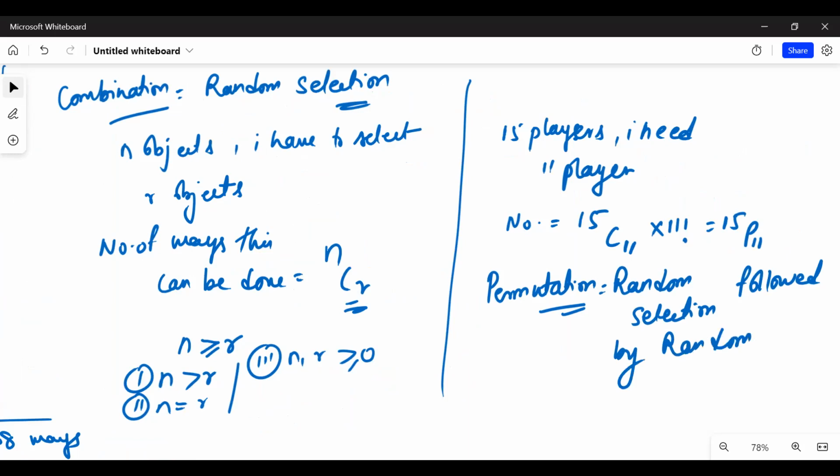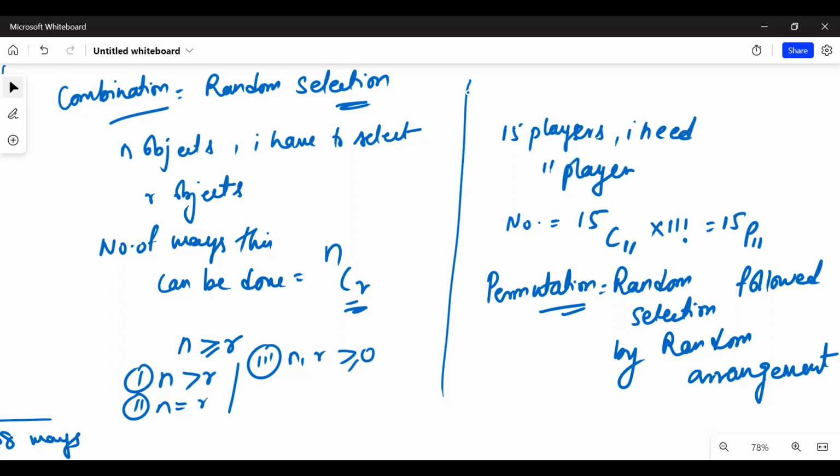random arrangement. So whenever you're talking about permutation and combination, they are random experiments. You are not using your brain while doing them. So from n objects, you choose r objects, and once you got the r objects, if you need to arrange them also, then you enter the world of permutation.